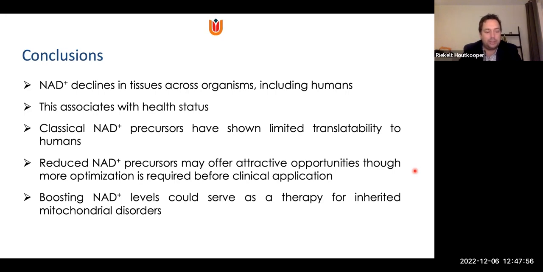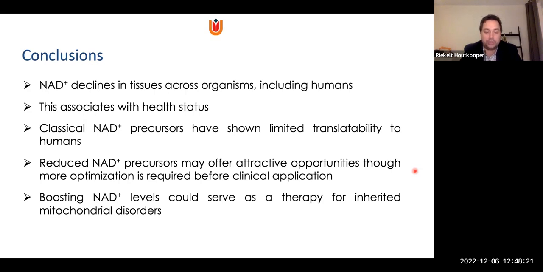So there really needs to be a solution to, for instance, encapsulate the molecule to be able to use them. And I think with the data that we have for Barth syndrome in this preclinical model, in this fly model, but also the trial that was done for mitochondrial myopathy, I think boosting NAD levels could serve as a therapy, at least for some inherited mitochondrial disorders. In the brief meeting we had prior to my seminar, we already discussed a little bit about it.